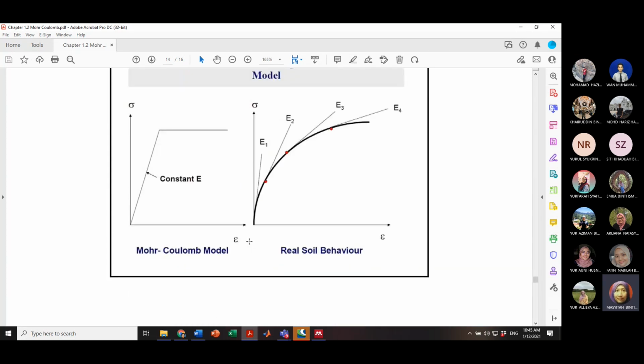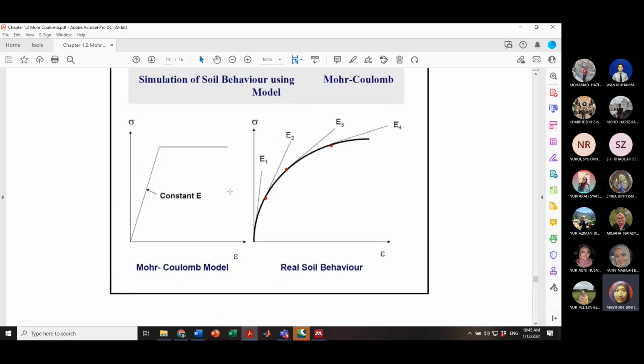Okay, this is the comparison. Why is MC sometimes not recommended? It's because, if you look at here, if you want to simulate the behavior of real soil, we actually have a different modulus because it is non-linear.